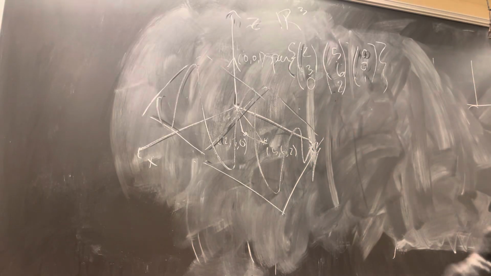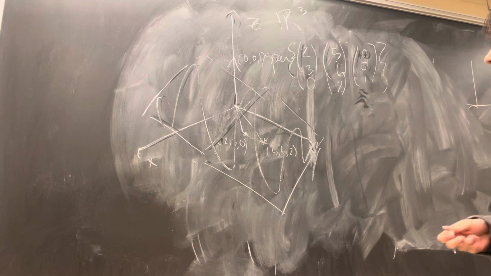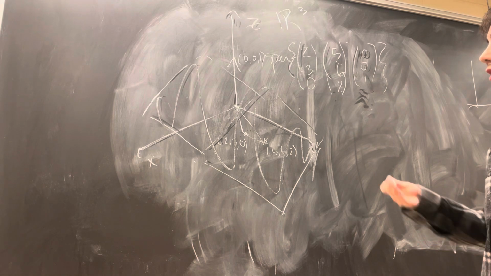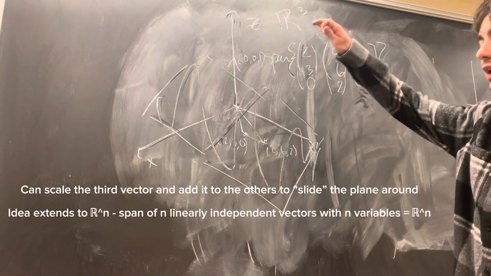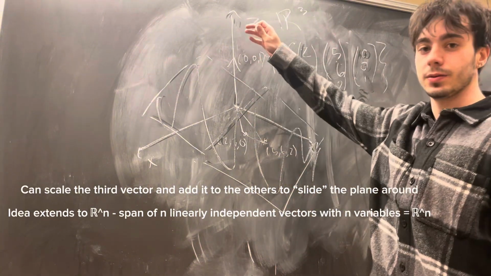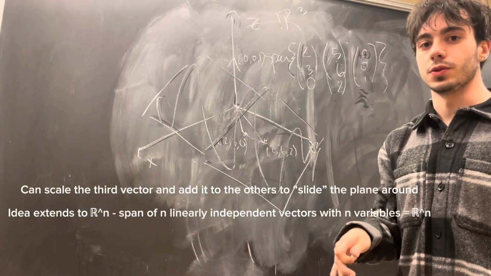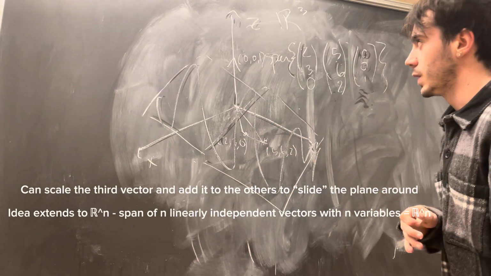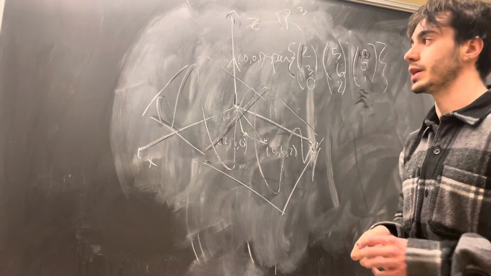And then we add this third vector. That means we can scale this third vector by any constant, and it becomes part of this linear combination. What this does is it shifts your plane. You can shift it up if you multiply by a positive value, and shift it down if you multiply by a negative value. In this way, you cover the whole 3-dimensional space.